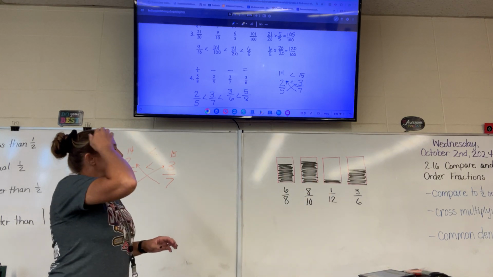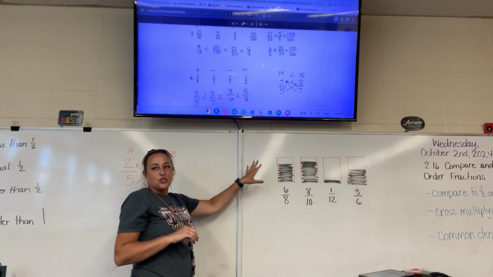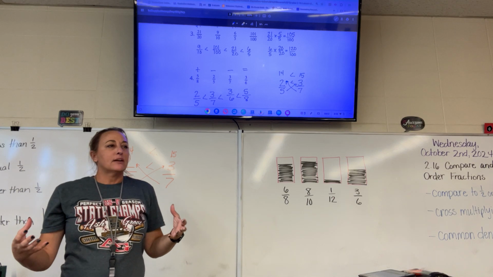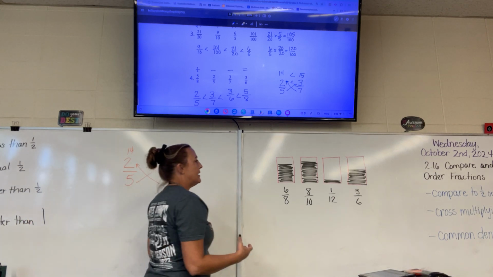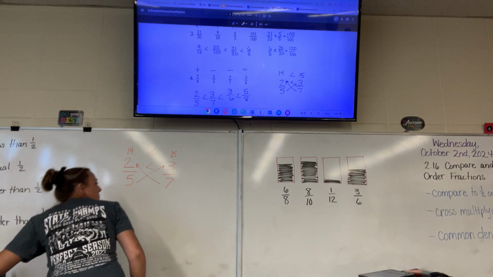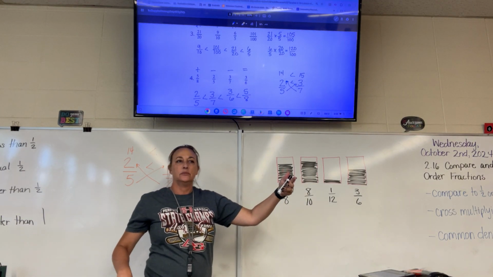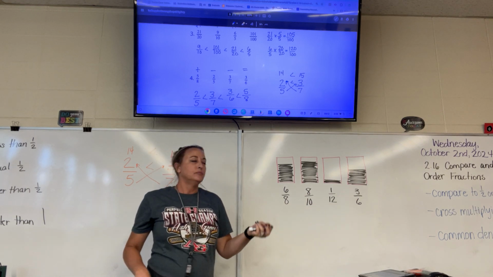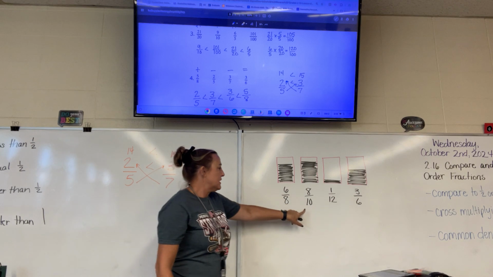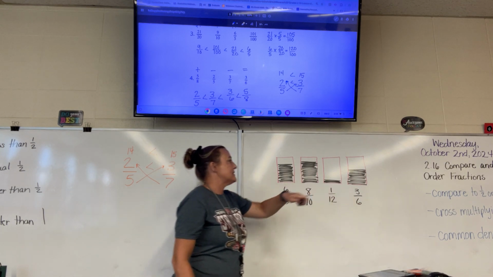Before I shut off the video, I made this illustration to show you a little bit more of a visual that goes with fractions. I have 4 glasses of grape juice. This one is 6/8 full. This one's 8/10 full. This is 1/12 full, and this is 3/6 full.